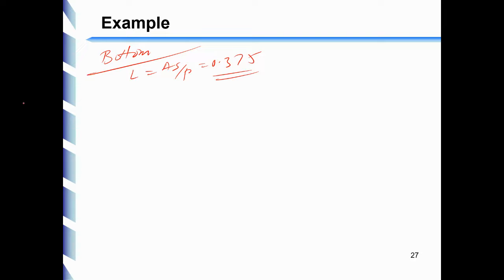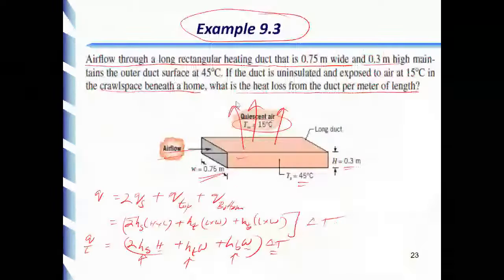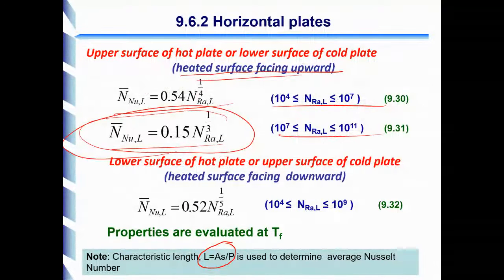So Ra will be the same, 1.38 times 10 power 8. But the equation, when you consider the bottom surface, is different. The surface is facing downward, and Nu equal to this.